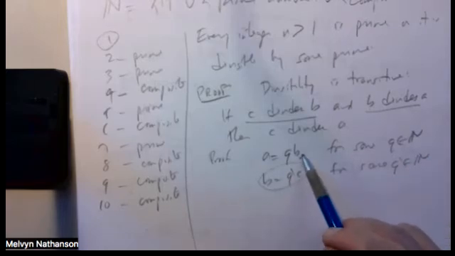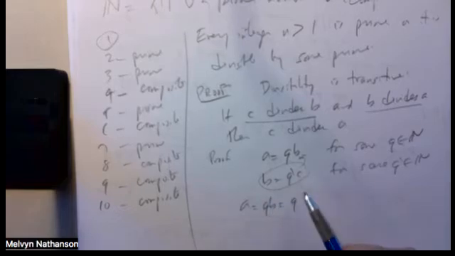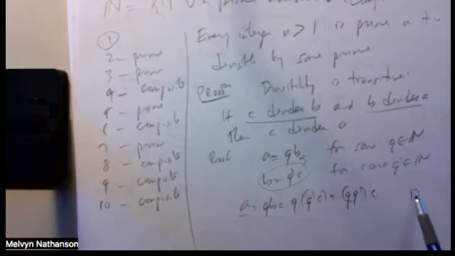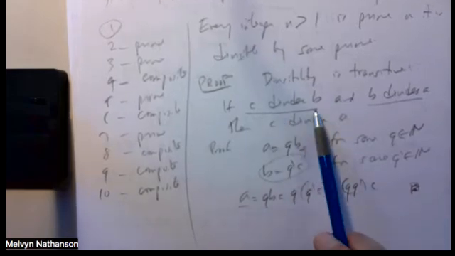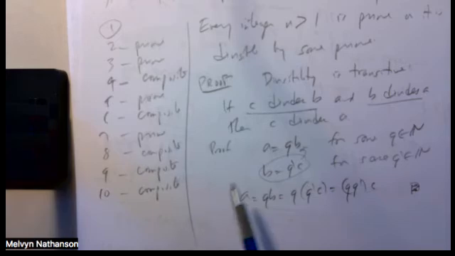If I take this and plug it into the first equation, a, which is qb, is q times q prime c, which is q q prime times c. A is a multiple of c. So that's the proof of this statement: if c divides b and b divides a, then c divides a.